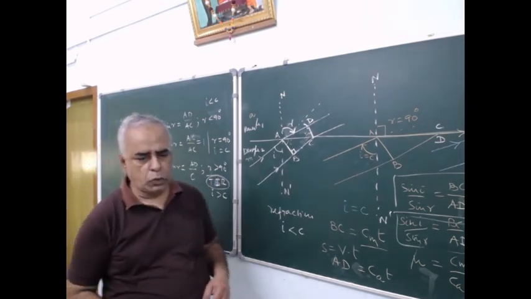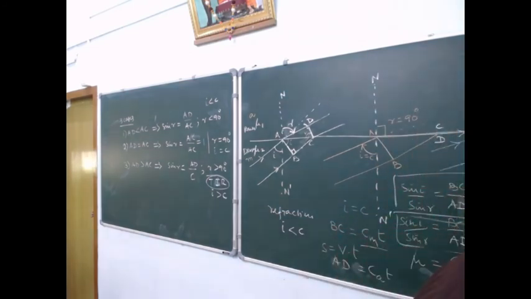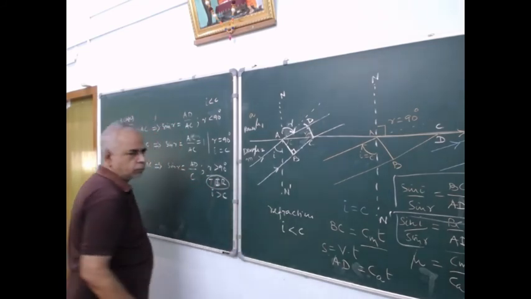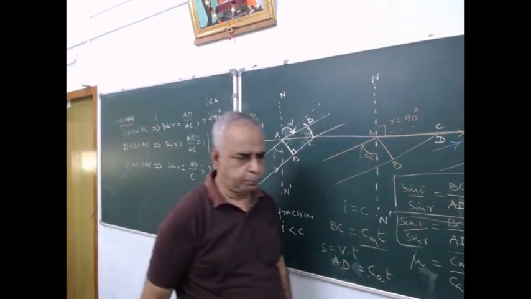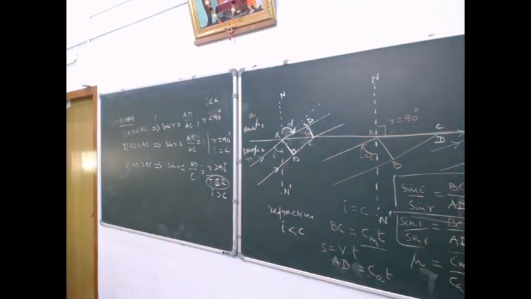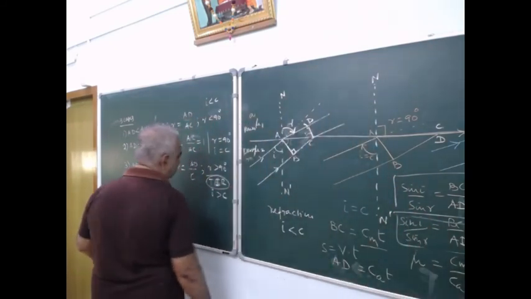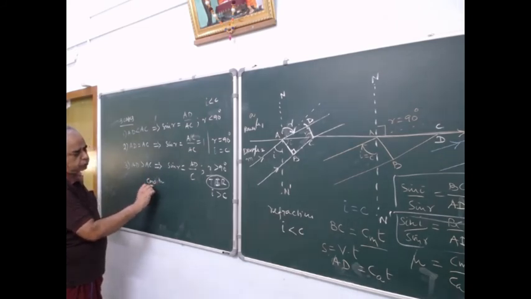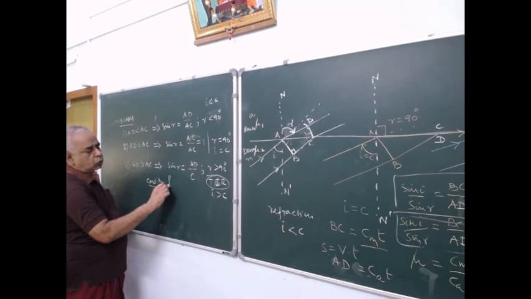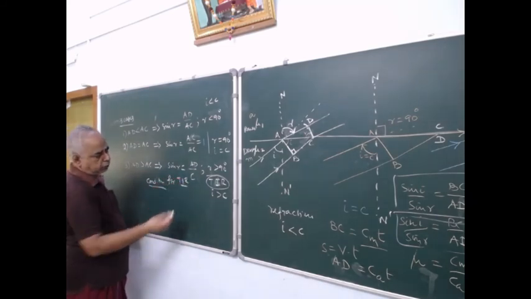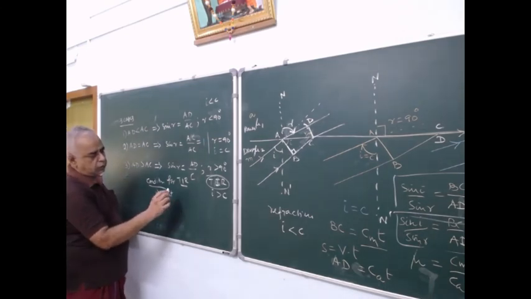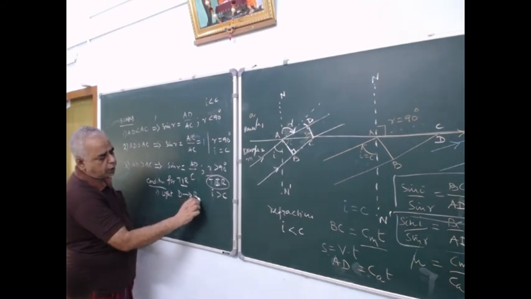So now we need to study the conditions for total internal reflection based on this. Please do this. Now what is a very important condition? The conditions for total internal reflection: point number 1, the light should travel from denser to rarer medium.